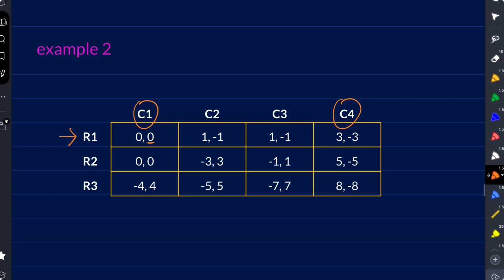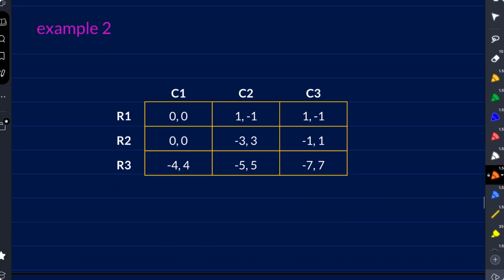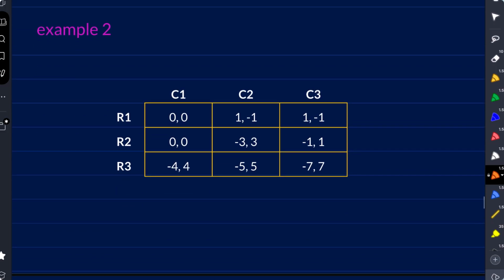If R1 happens, C1 is better. If R2 happens, C1 is better. And if R3 happens, C1 is better. So C1 dominates C4. Now this is our table.